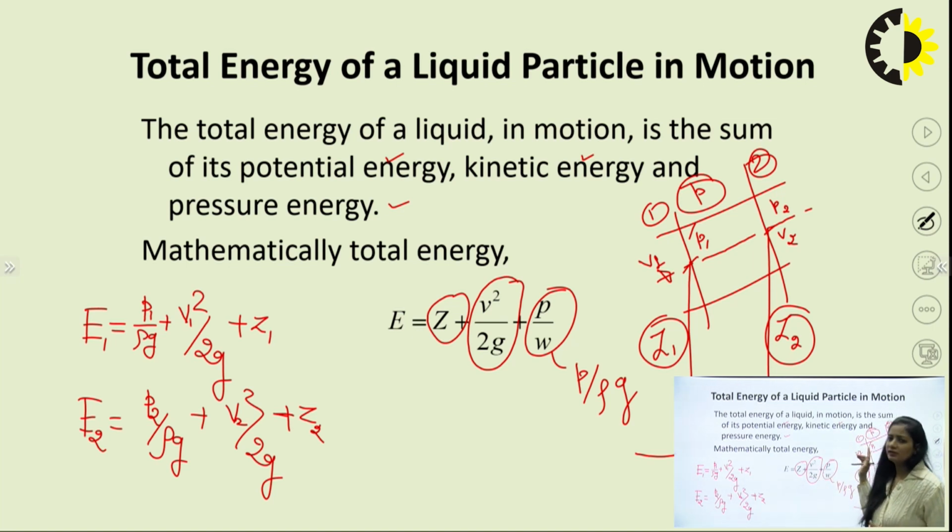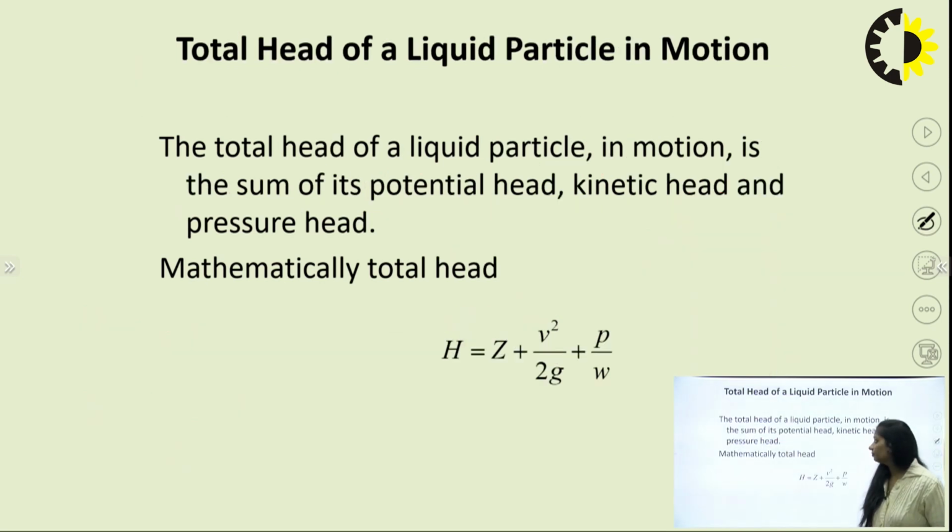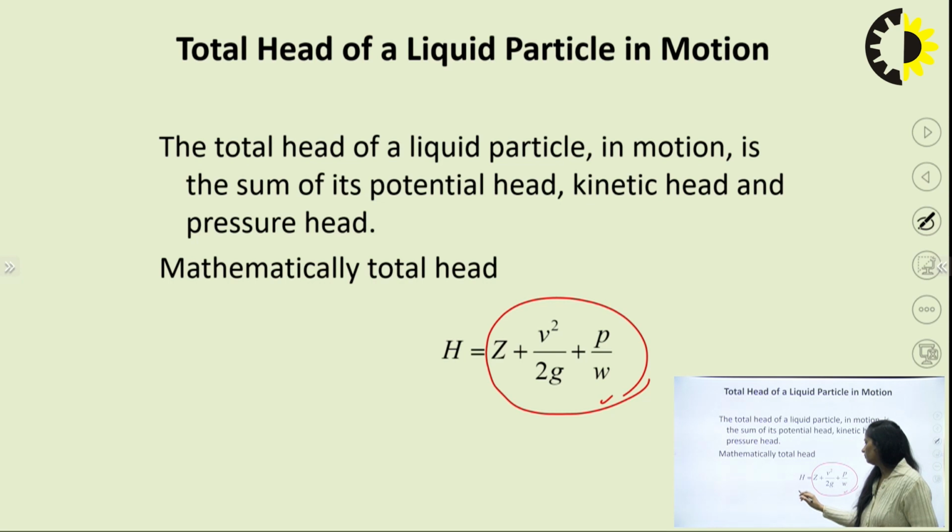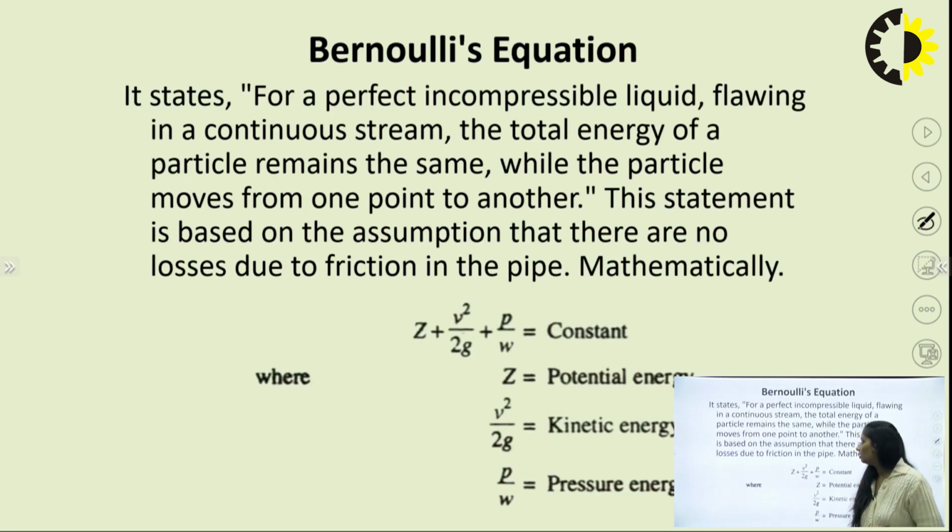We have considered only 2 sections, but you can write it for a number of sections. Now we have formulated the same in terms of head. The equation will be the same, but in this case all the terms have units of meter.